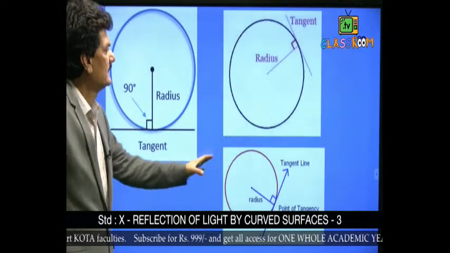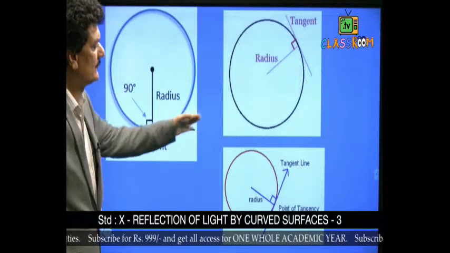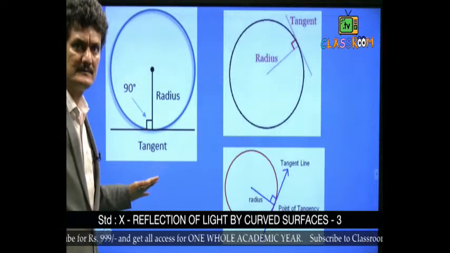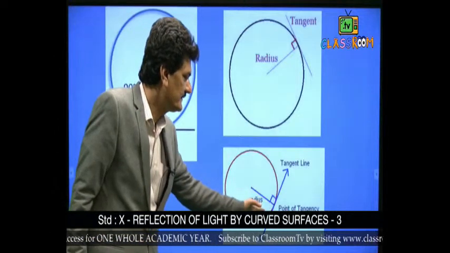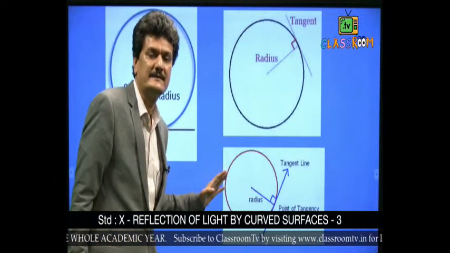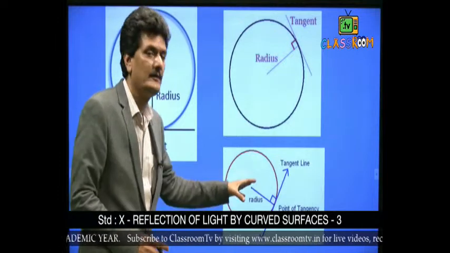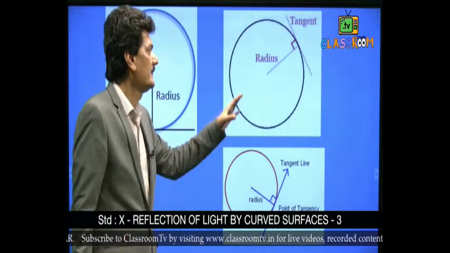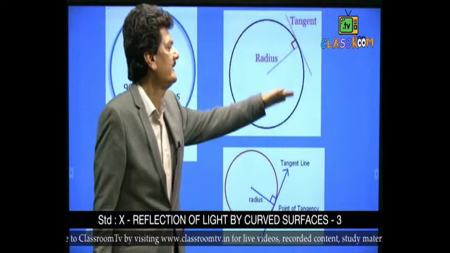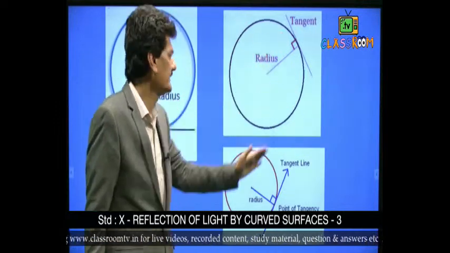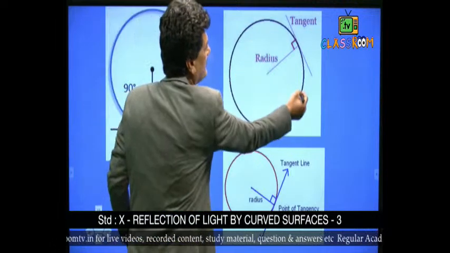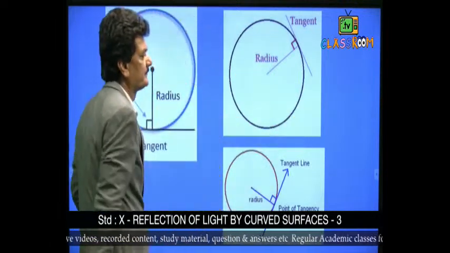So here at different points we have drawn tangents, and where the tangent meets the circle is called the point of tangency. Now again we will make use of this point. We already know that from anywhere we can cut the curved mirror, spherical mirror. So our spherical mirror might be this, it can be this, anywhere.